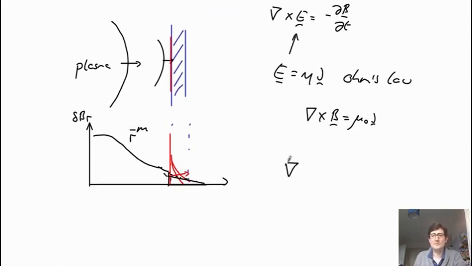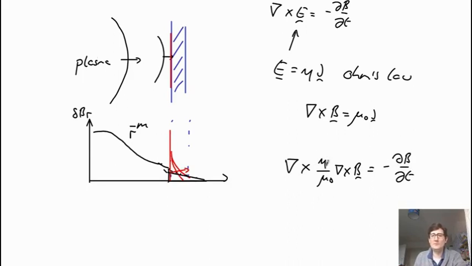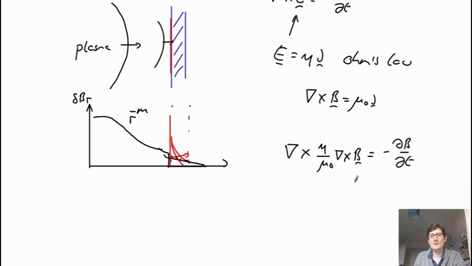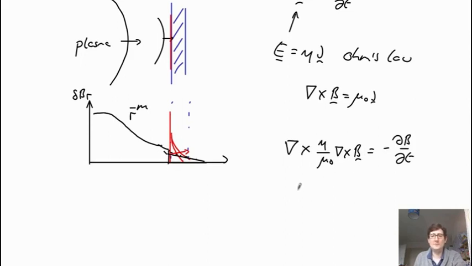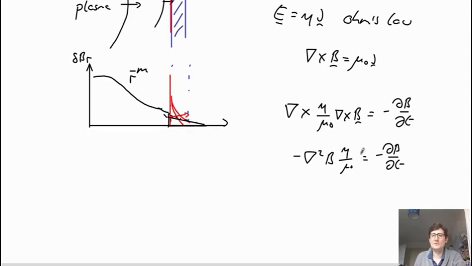And so we end up with the curl of E, so the curl of, and then if eta is constant, so if you have a metal wall with roughly constant resistivity, we of course just take this outside. The divergence of B is 0, and so this whole thing becomes minus del squared B times eta over mu naught. And then here we have dB by dt. And so we just have a diffusion equation.